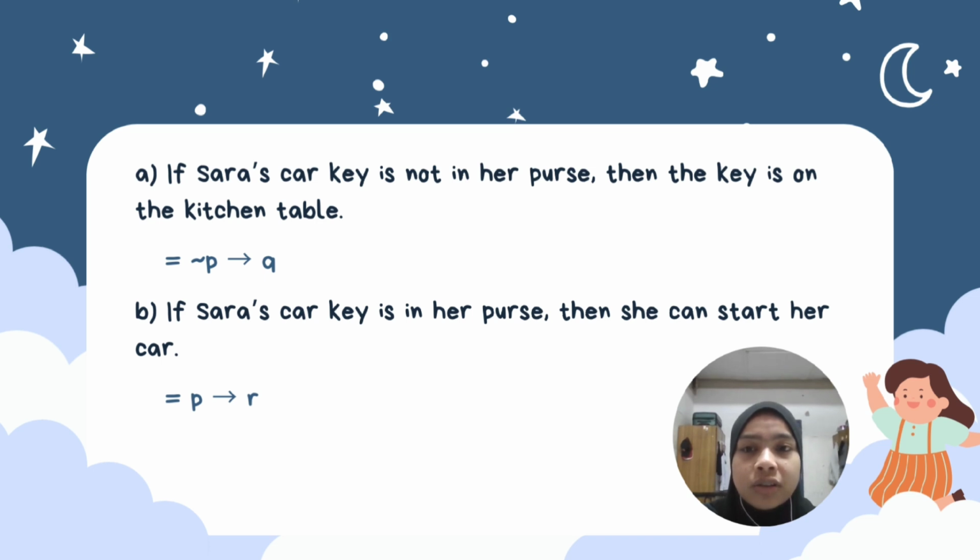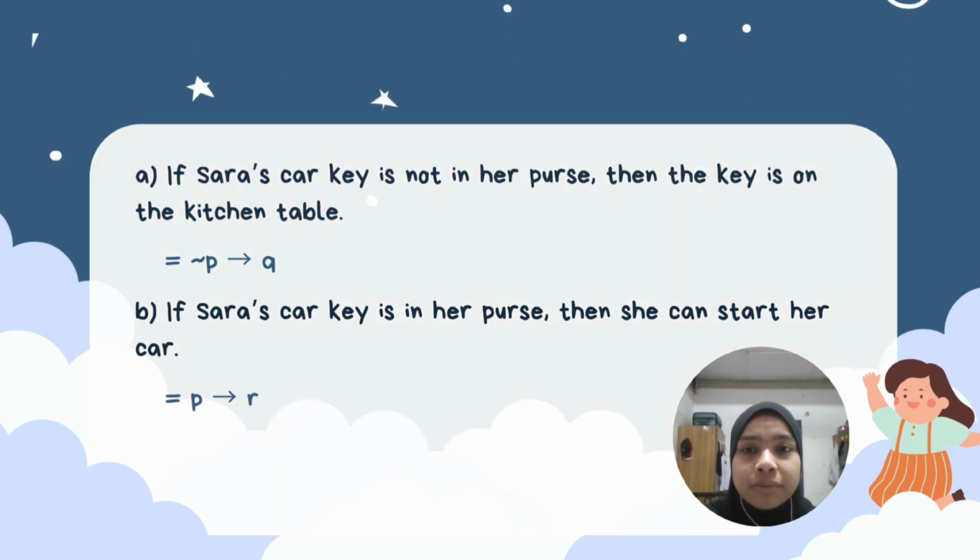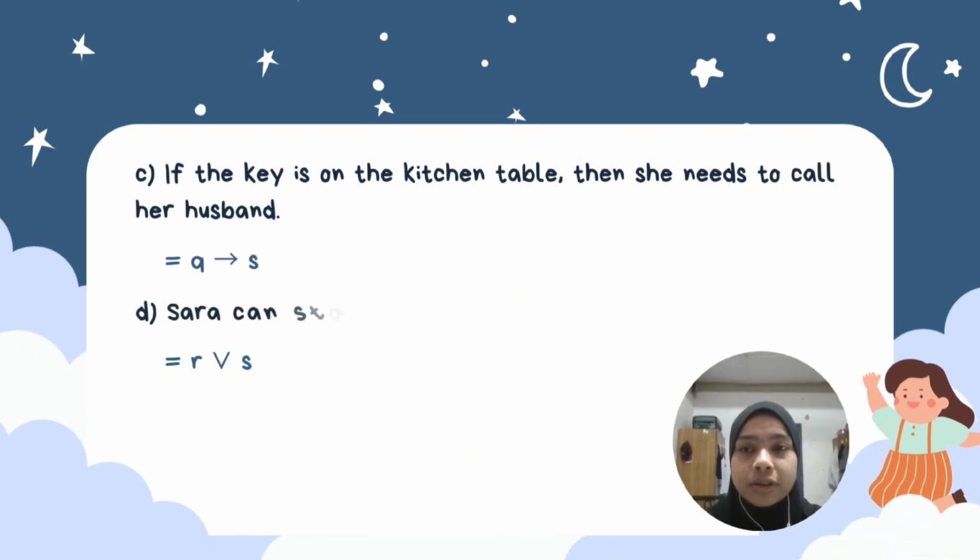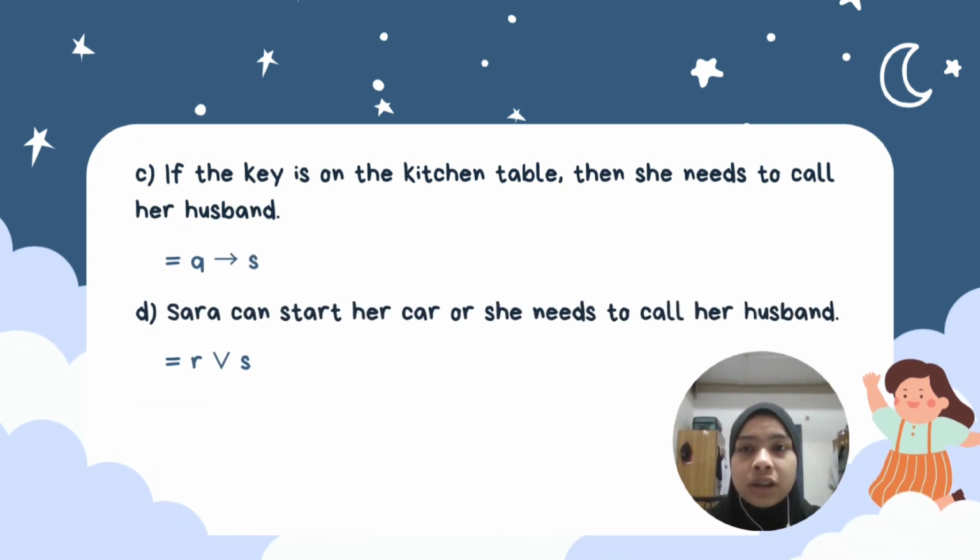So the answer is P implies R. For question C, if the key is on the kitchen table, then she needs to call her husband. So the answer is Q implies S. For question D, Sarah can start her car or she needs to call her husband. So the answer is R or S.